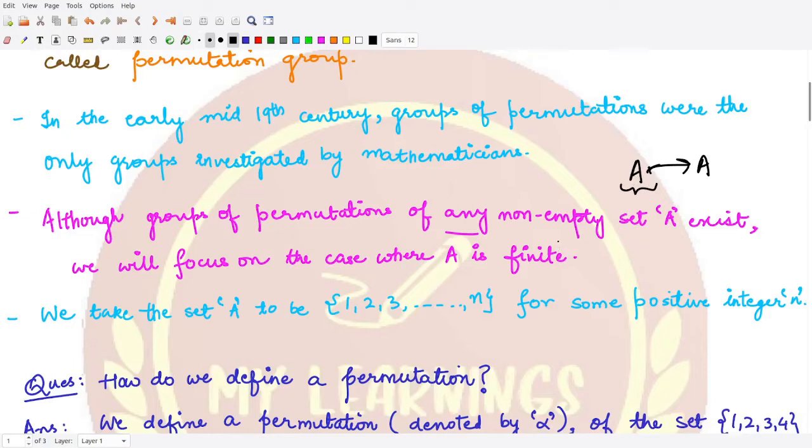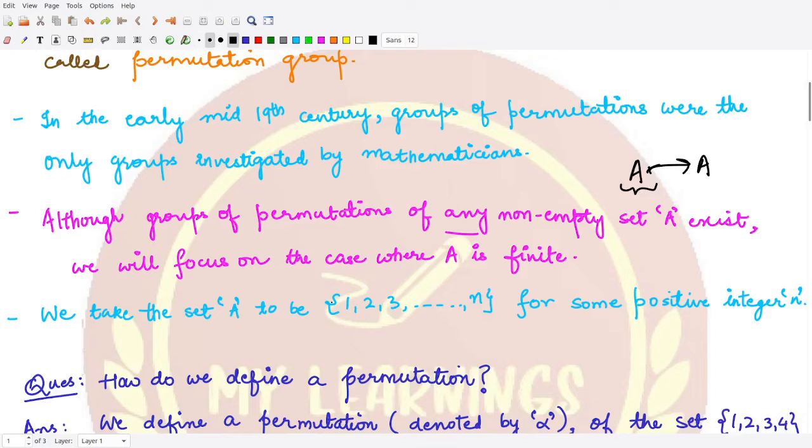Although we may have permutations of any non-empty set A, in group theory here we'll be just focusing on the case where the set A is finite, that means it contains a finite number of elements. Moreover, we take the set A to be the set 1, 2, 3 up to n.